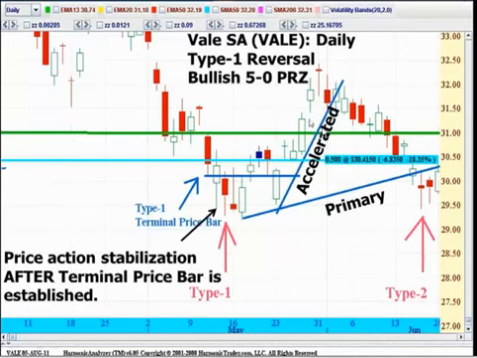Finally, we get some type of move. Now off of this low here, from the lows that were established, this is the area where we're looking for some type of reversal, as long as our stop loss is not violated. So after a few consolidation days, then we get that quick up move. This is a great example of the natural reactive move.